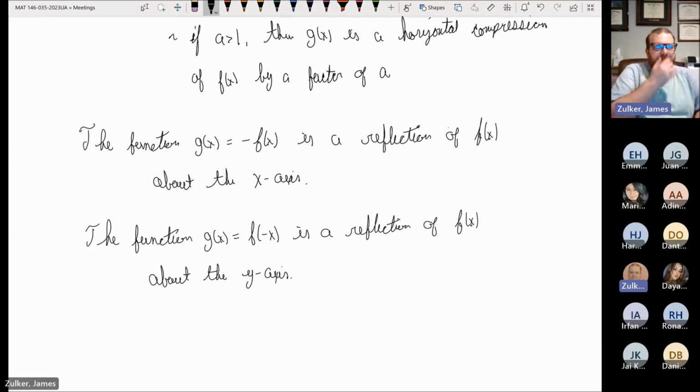So those are our three types of transformations: translations, distortions, I guess, stretch compressing, and then reflections.